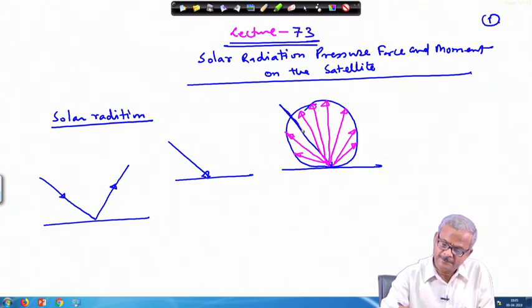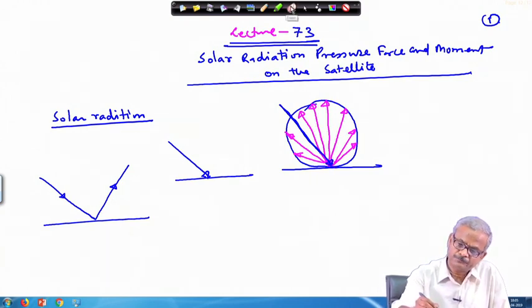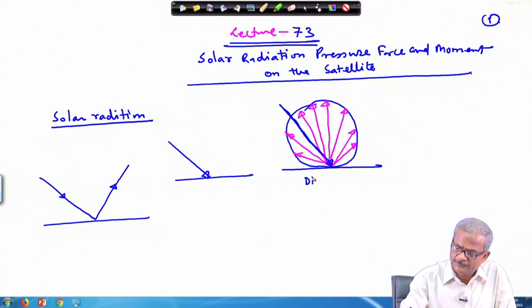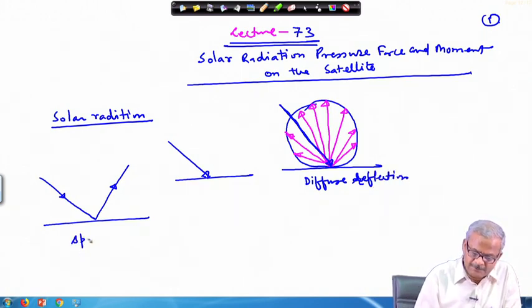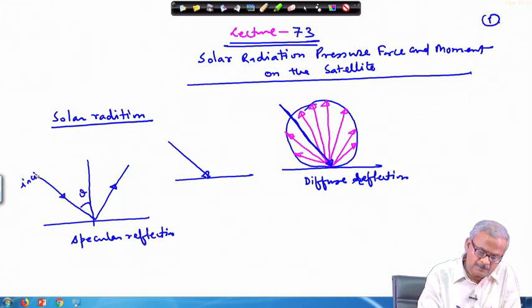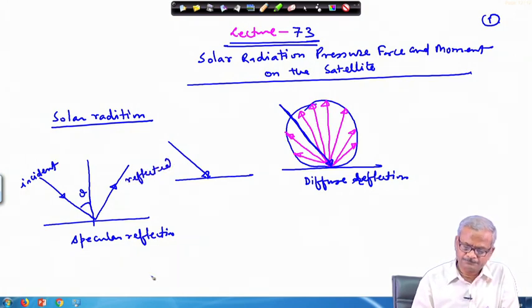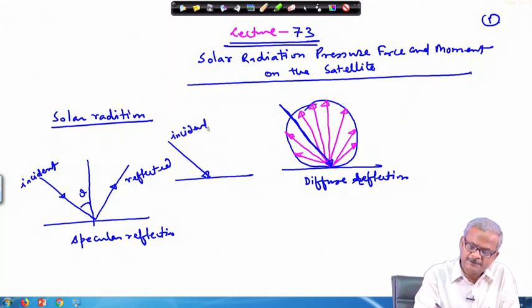Your solar radiation, one ray is coming here in this direction as shown here, and then the diffuse reflection is taking place. Here, this is the specular reflection. This is reflected, and here in this place, this ray is totally absorbed.